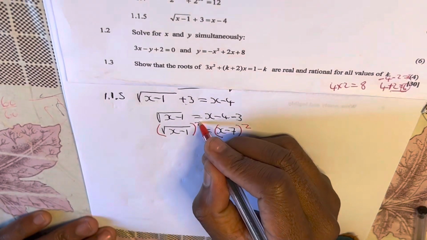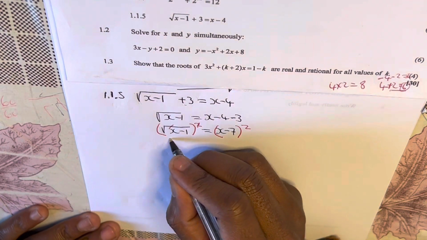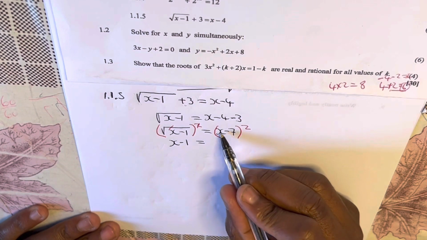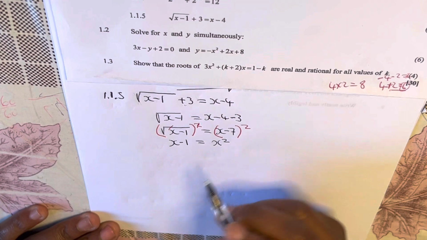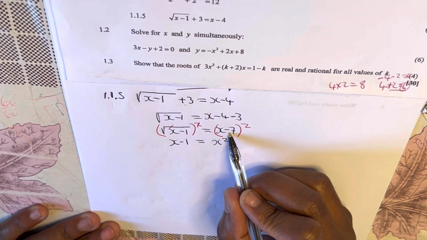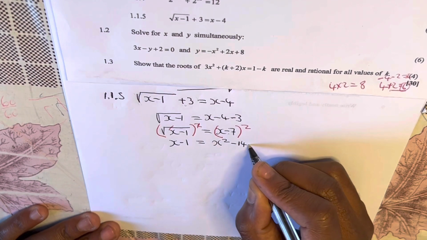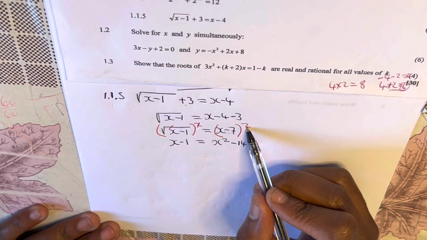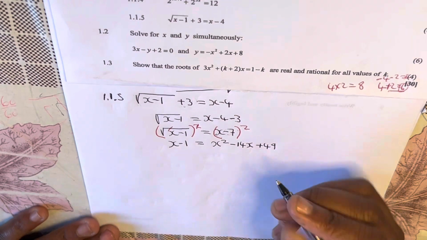So this square will cancel that square root, and we remain with x minus 1 equal to x squared, and then negative 7 multiplied by x gives negative 7x, multiplied by 2 gives minus 14x, and negative 7 squared gives plus 49.